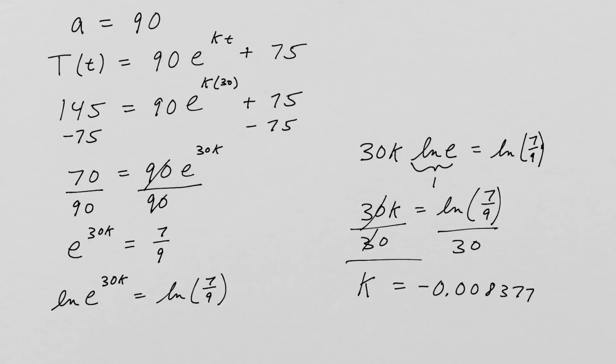Okay, great. So we have k now. Good. So now let me plug everything that I have in now. So I know a, I know k, I know t sub s, right? So let me go another page. So remember, the original equation was the temperature at time t is equal to a e to the kt plus t sub s.